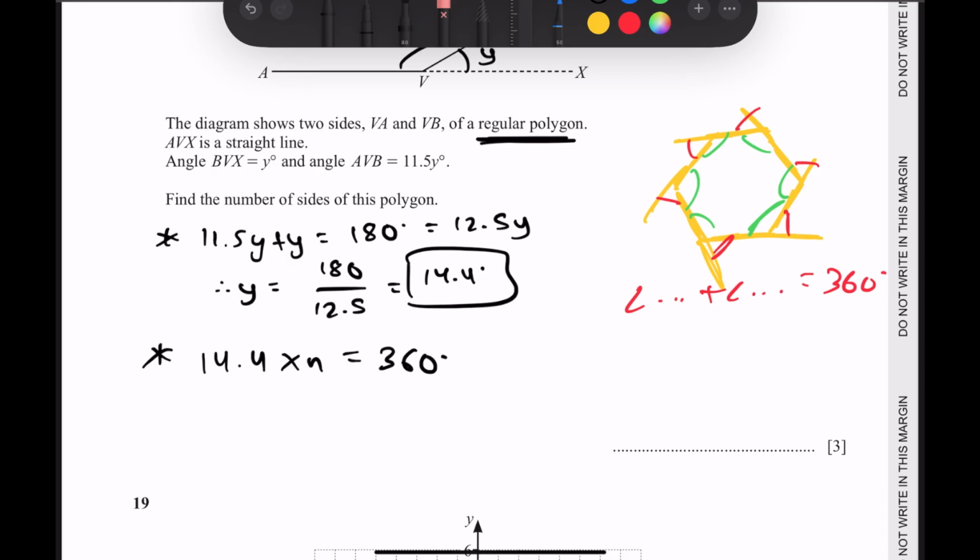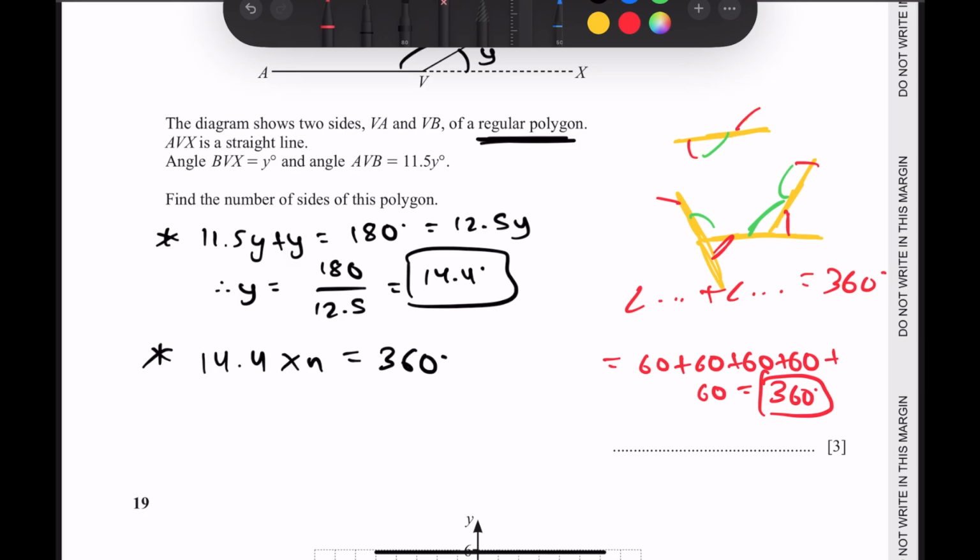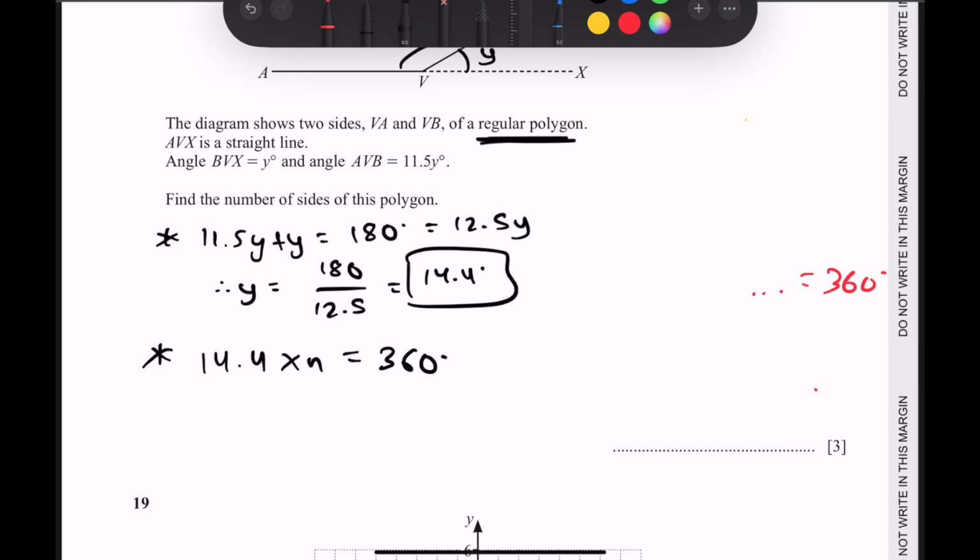For a hexagon, if each exterior angle is equal to 60 degrees, when added 6 times, they will add up to 360 degrees, which means that the sum of all exterior angles of any polygon will always be equal to 360 degrees. So the value of one exterior angle times n, where n is the number of sides, would always be equal to 360 degrees.